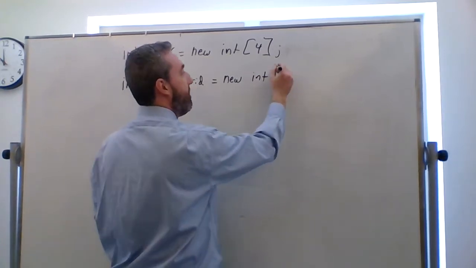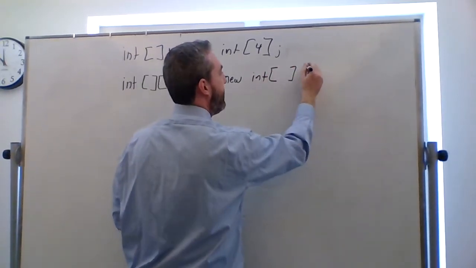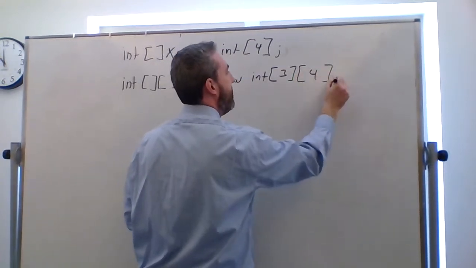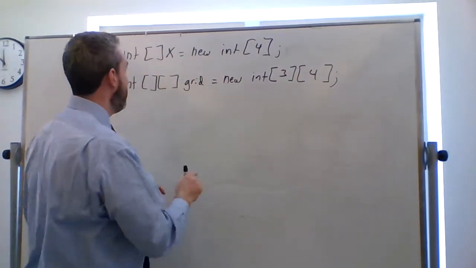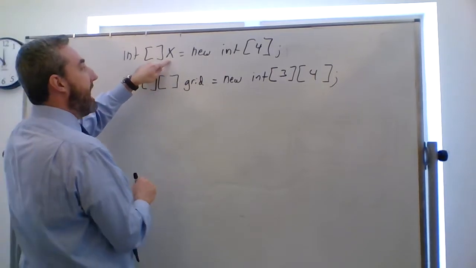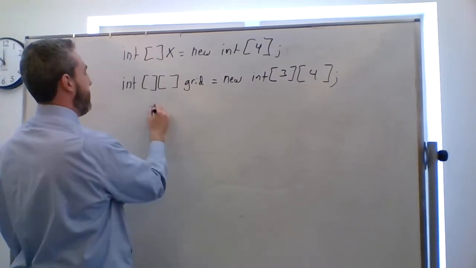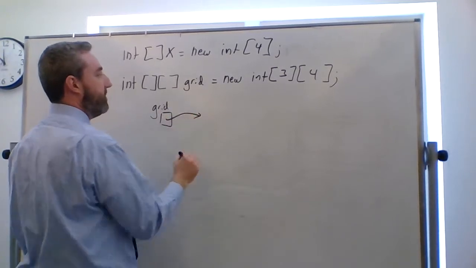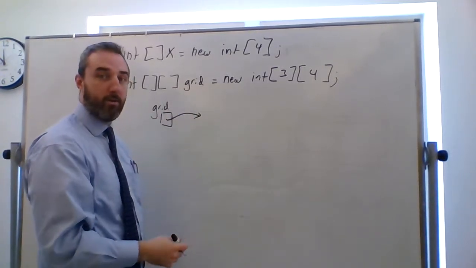We define it the same way, but now I need those 2 square brackets over here. And we'll put in 3 and 4 just to have some little difference. So just like before, x is a single reference, grid is a single reference. So I have this thing grid, which is a reference to this thing I just made, this two-dimensional array.